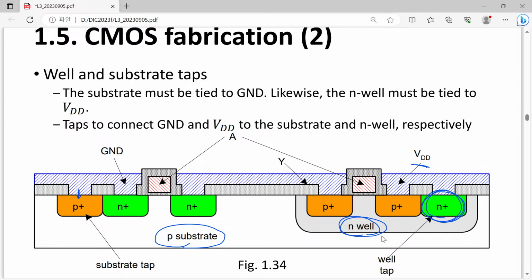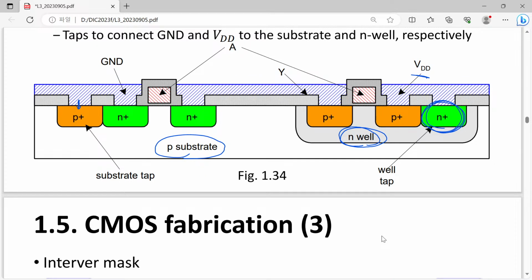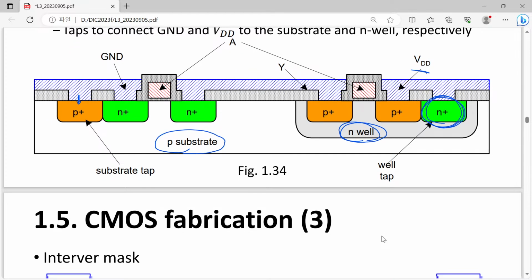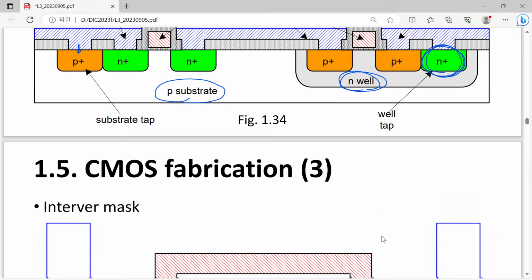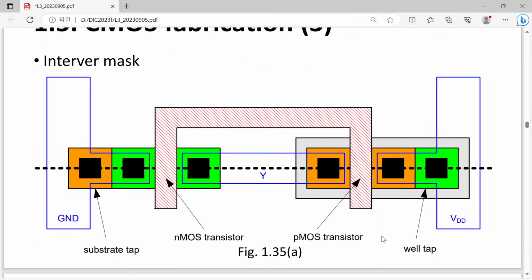This one is called a well tap. Okay, if you don't understand, please let me know, and I can answer your question as much as I understand. Then in order to implement this in our silicon, we need masks.